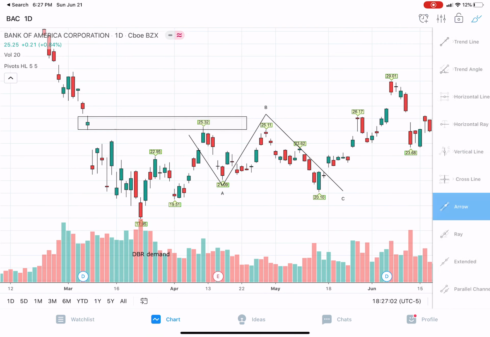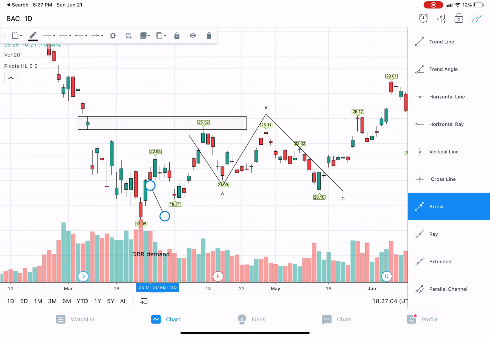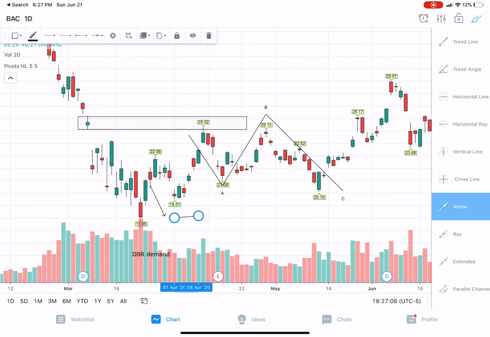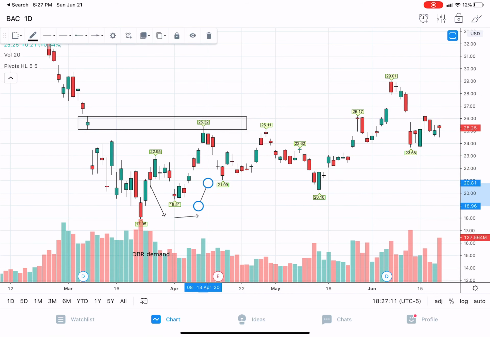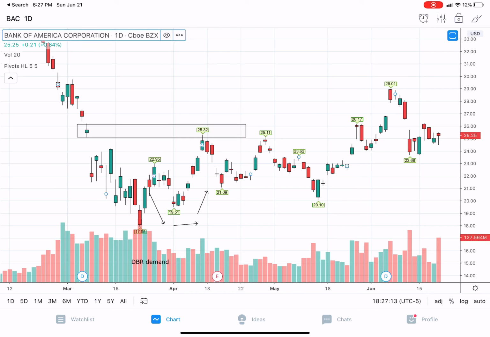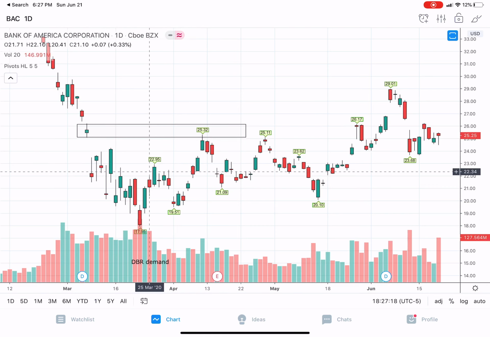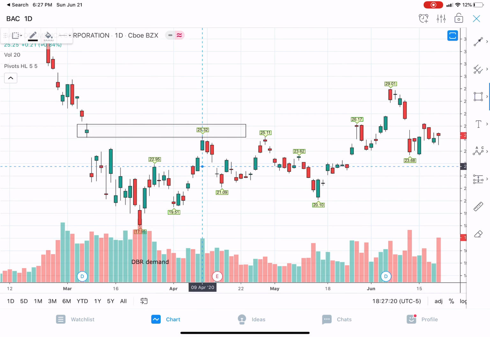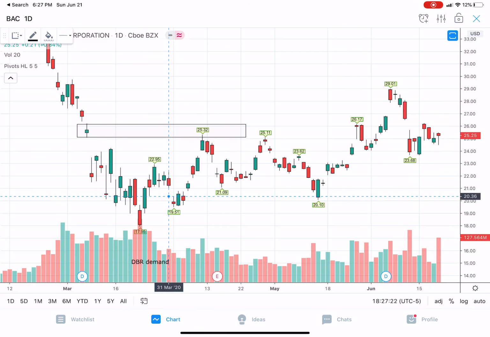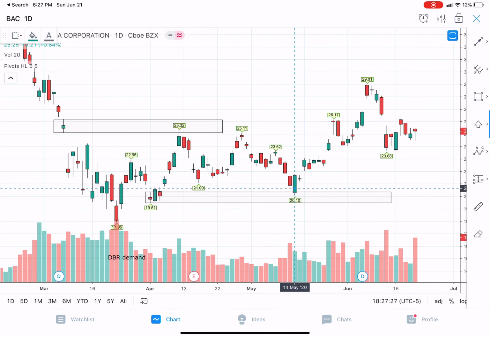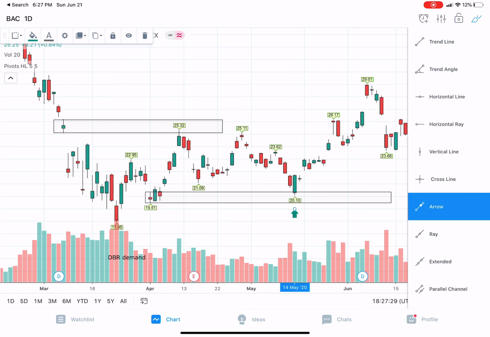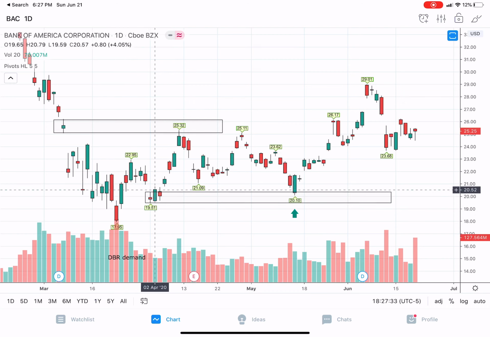So again, same situation: drop, base, rally, right? And it takes out previous highs. The level is confirmed. See, it took out this high right here. So again, I'll draw my zone. And you can see price fades down. And then let's say that we were patiently waiting to take this long trade at demand here.